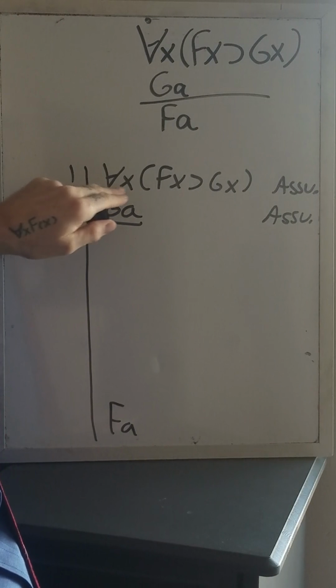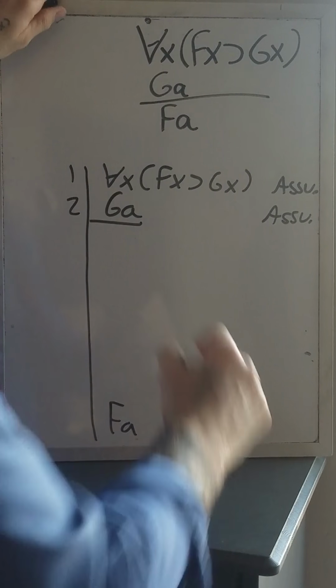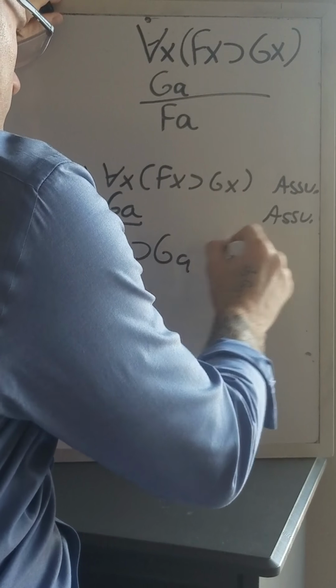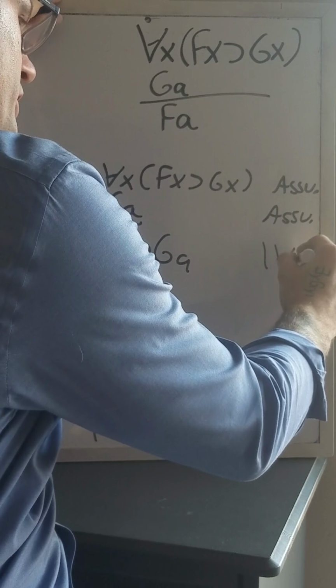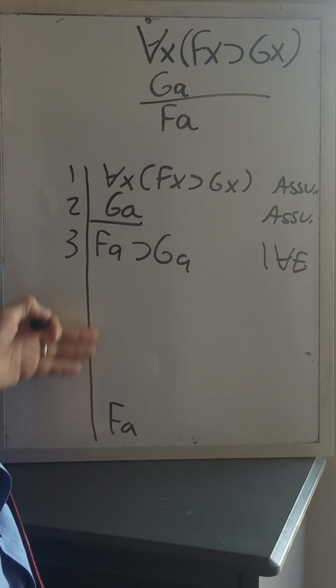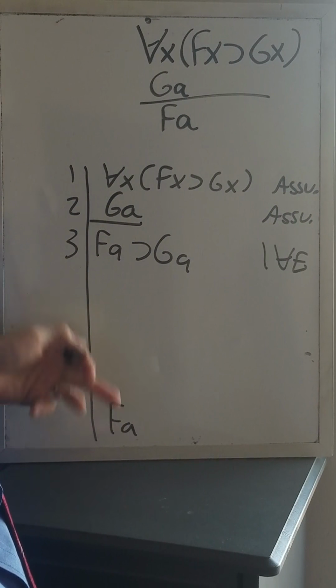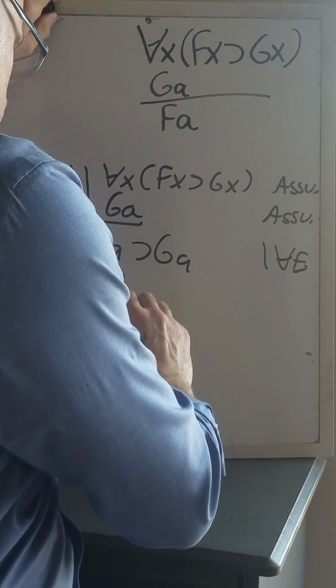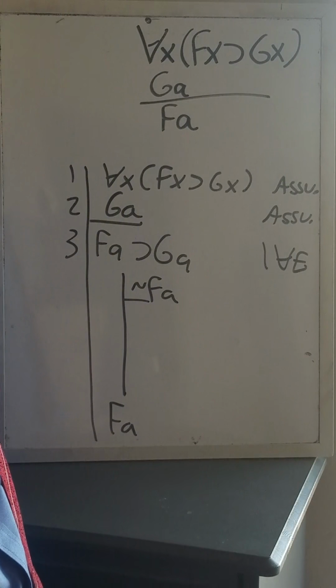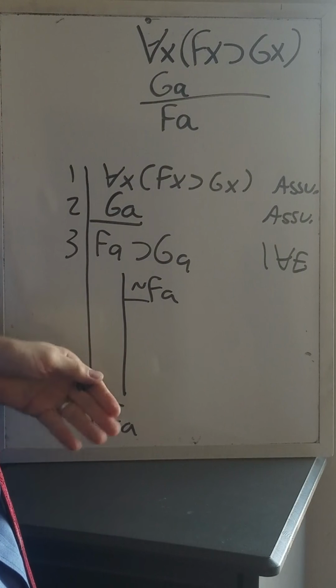I guess we would use universal elimination on line 1. I mean, that's always a good thing to do if you're stuck. And I don't see any way to get from here to here. We could try assuming not FA. That still doesn't really get us anywhere. It looks like we're kind of stuck, right?